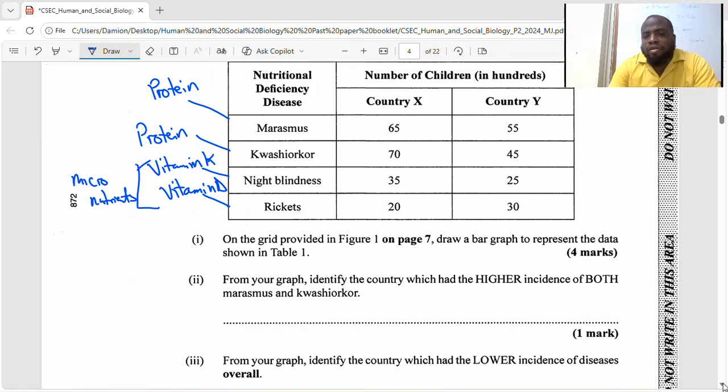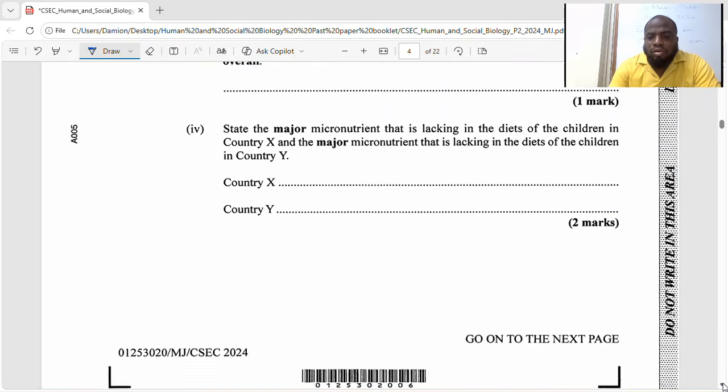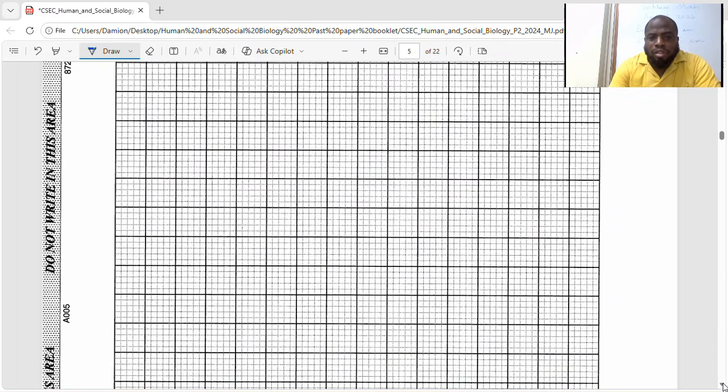It says on the grid provided in figure 1 on page 7, draw a bar graph to represent the data shown in table 1. So when we look at the table here, we can minimize this a bit.